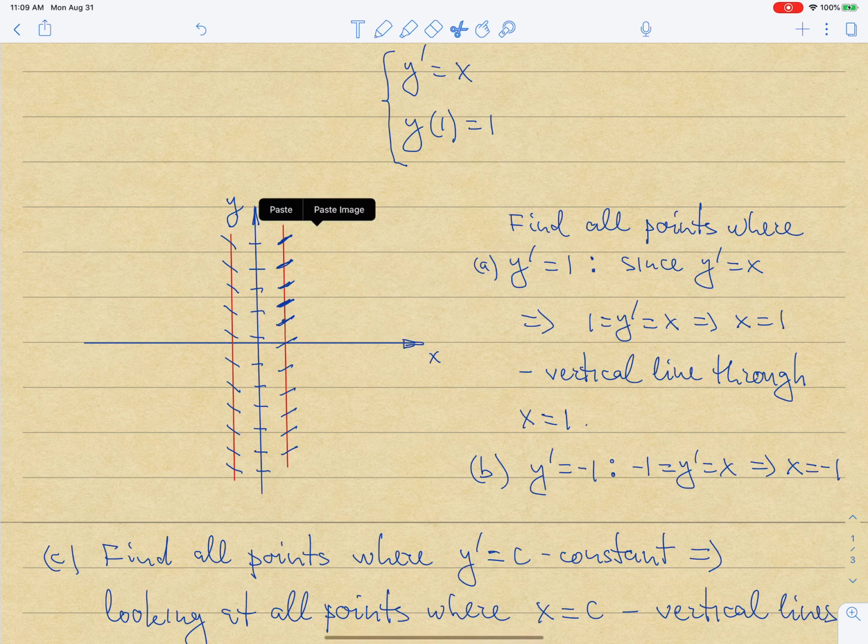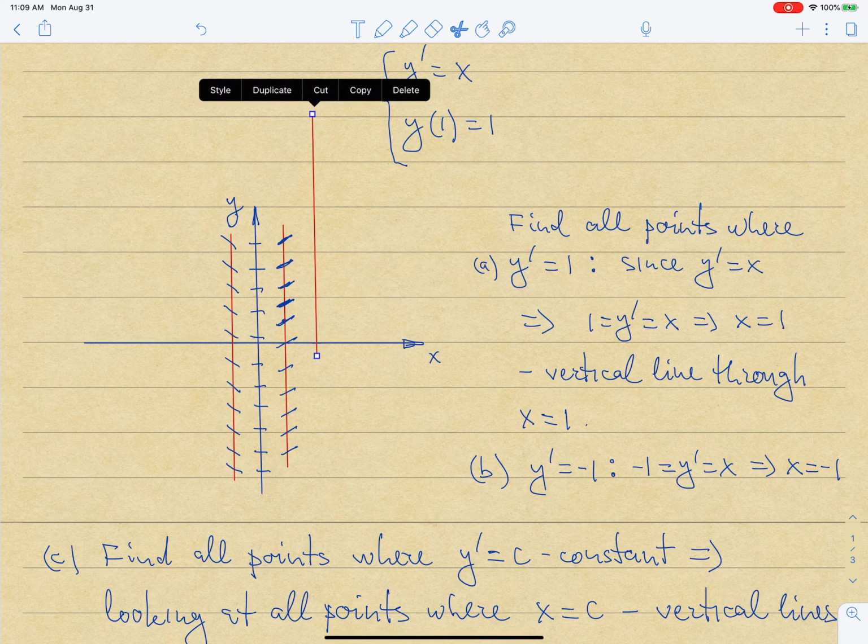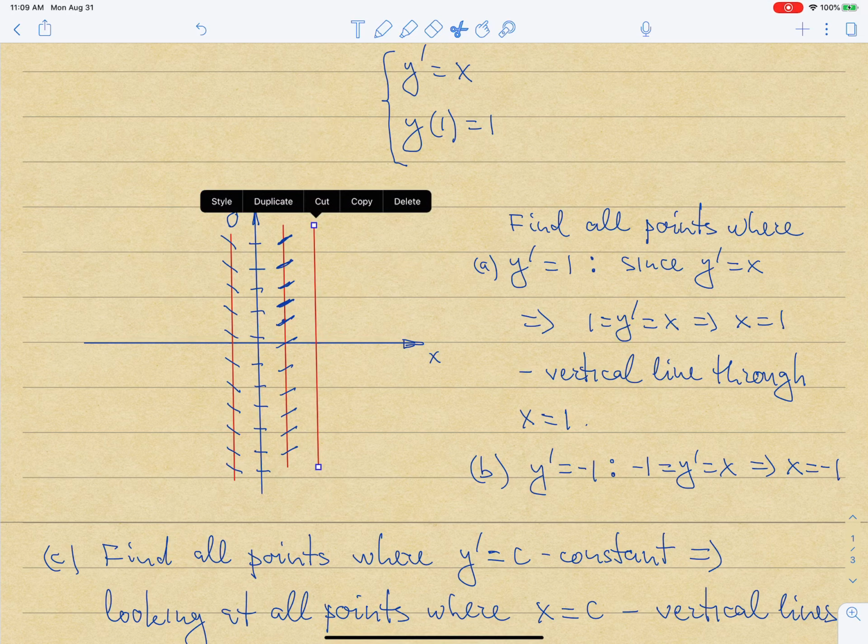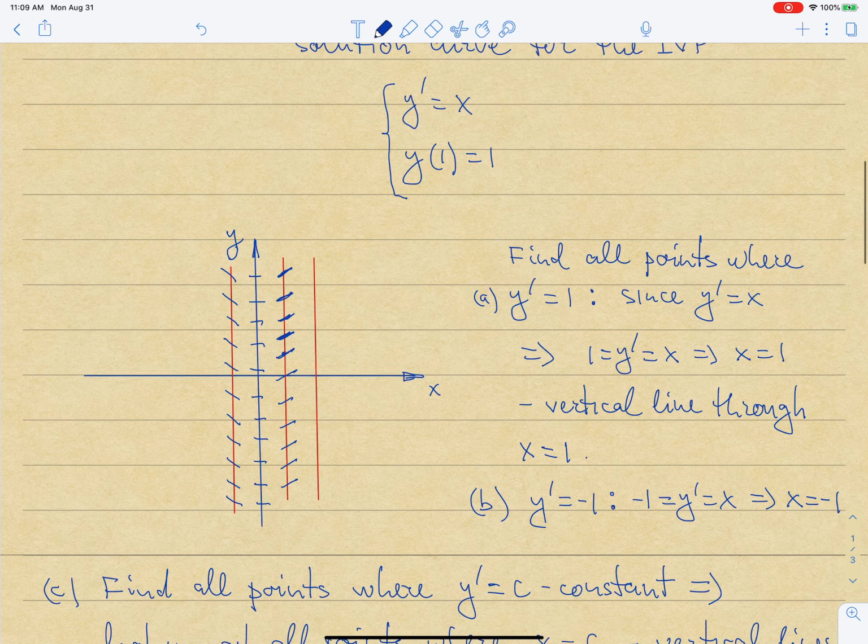At x equal to 2, so a vertical line at x equal to 2, what happens there? x is equal to 2, that means that y prime is equal to 2, so we get slopes 2. So again, the same slope everywhere on this line, but now the slopes are steeper than at x equal to 1.